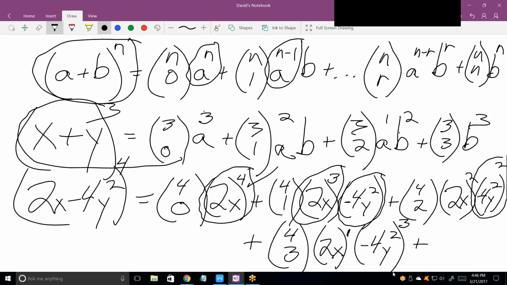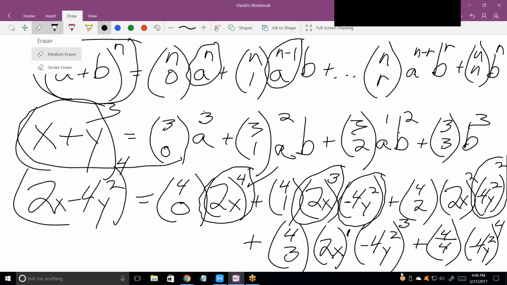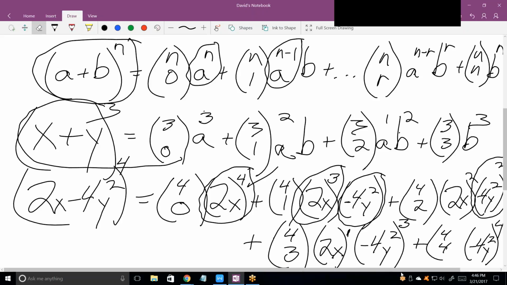And what's the final term? 4 choose 4, then times negative 4y squared to the 4th, because a goes to 0. And make sure I get rid of that fraction bar, which I didn't mean to put in there.